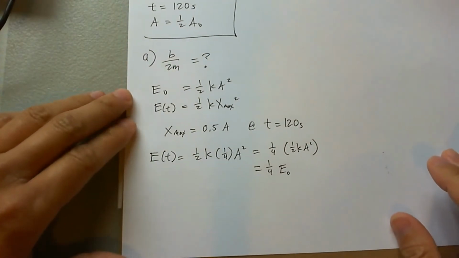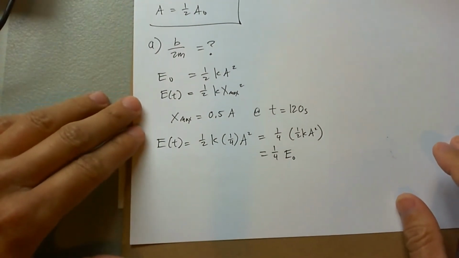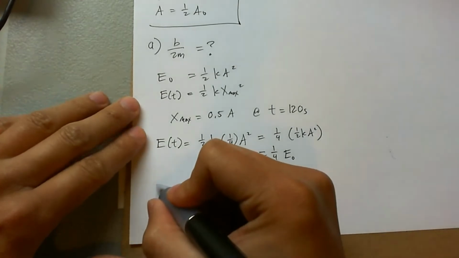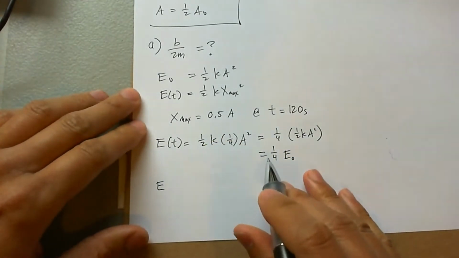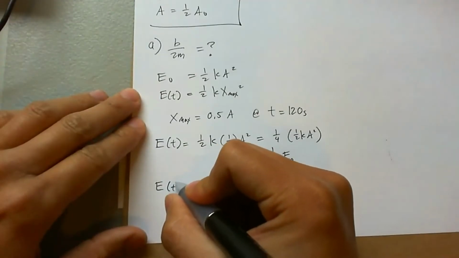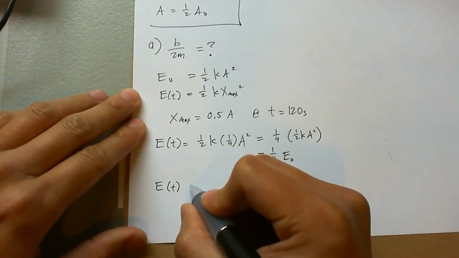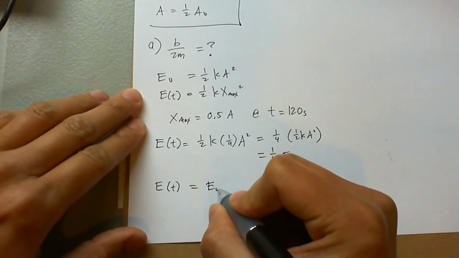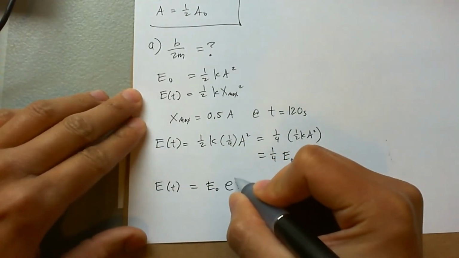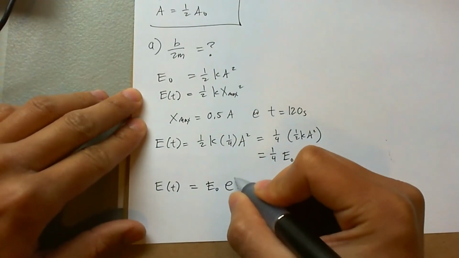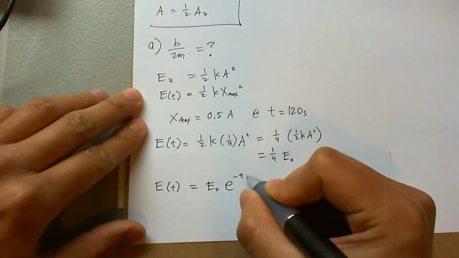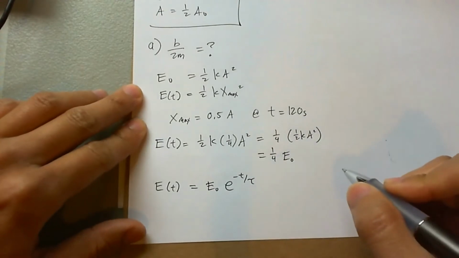Now, why this is useful is because of the second equation for energy. It links energy with respect to time to the initial energy times the exponential function, e to the power of negative t divided by tau.